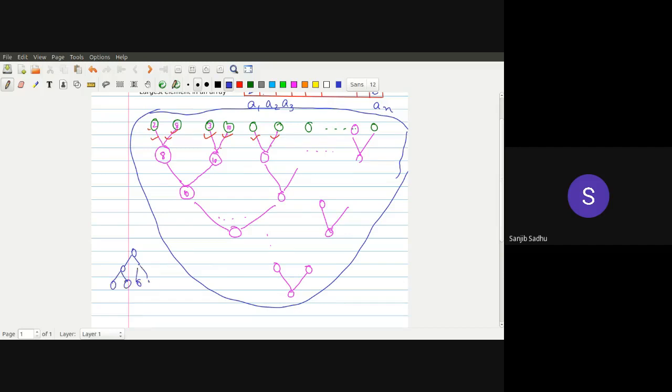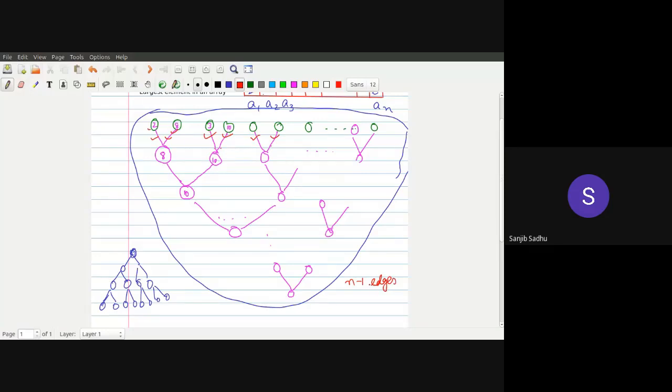Now you know, if there are n number of leaf nodes, then there will be n minus 1 edges. The proof is simple. Every node has a parent except the root node. Root has no parent. So total n minus 1 edges are there.